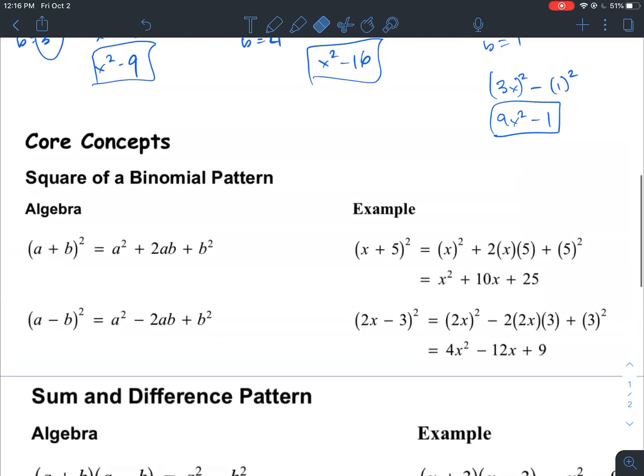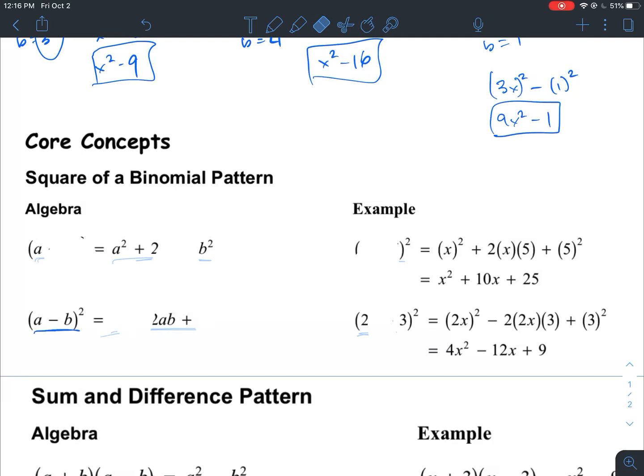And then up here we have the square binomial pattern, where if it's plus, then this is what it's going to be. If it's minus, then this is what it should look like. Okay, and just some examples over here.